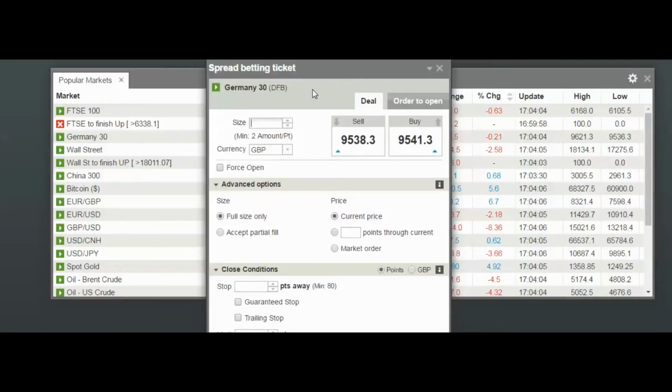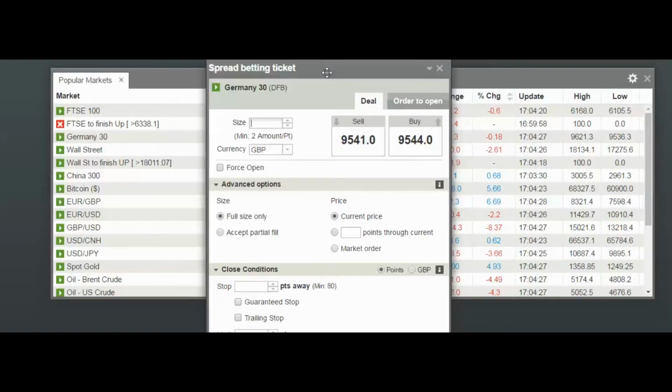A market like the German 30 can sometimes move by a couple of hundred points in a day, and certainly, as I'm doing this with the result of the EU referendum for Britain, the markets have moved by 1,000 points.